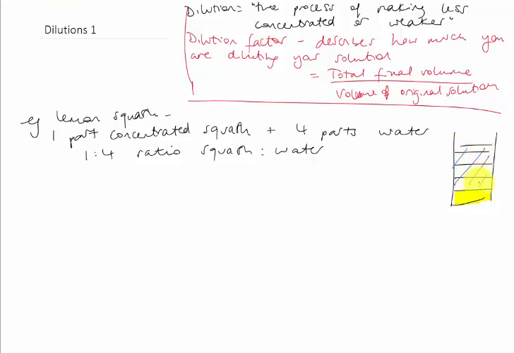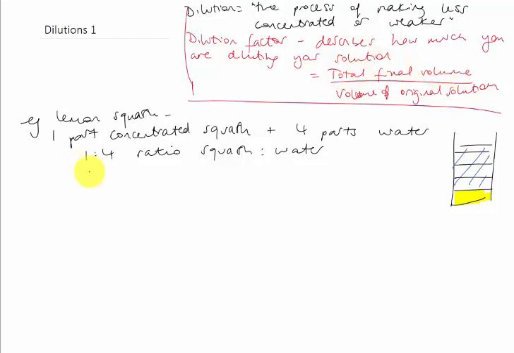Okay, so that's meant to represent water, and then this would all mix up, obviously, and everything would be at an even concentration. Alright, so to work out the dilution factor, how much we're using, we need to work out the total final volume here, okay?